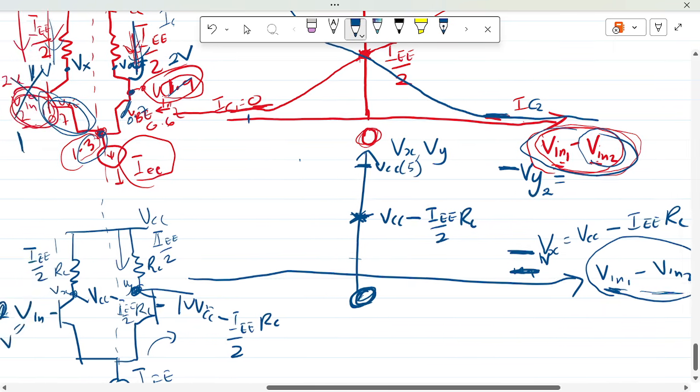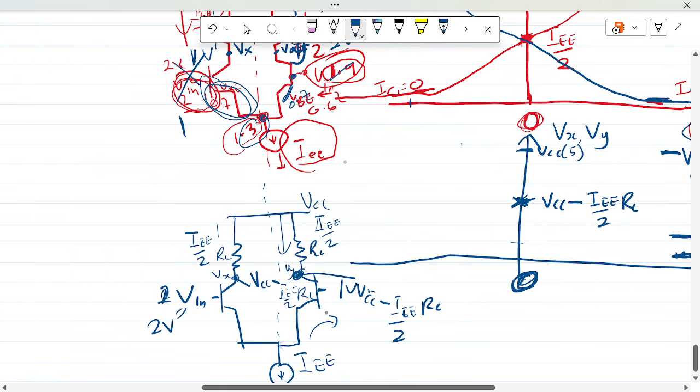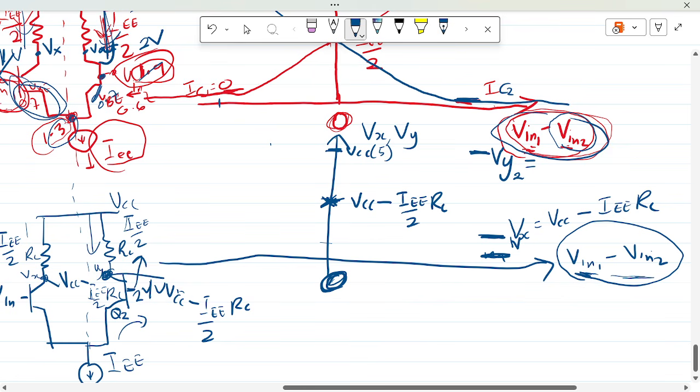So we know that when we interchange and this time make the voltage on the second transistor Q2 higher, or 2 volts, and the voltage here 1 volt, what we are going to get will be similar. So I'm just going to repeat these values here. I just change them.